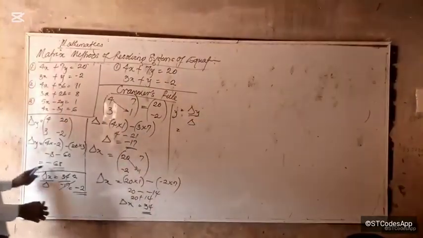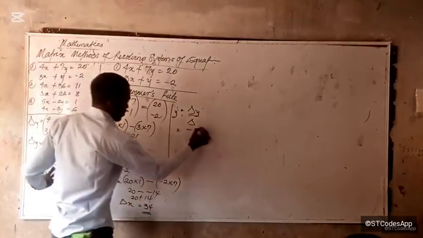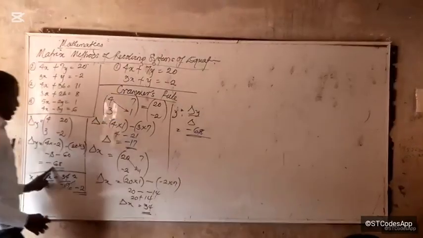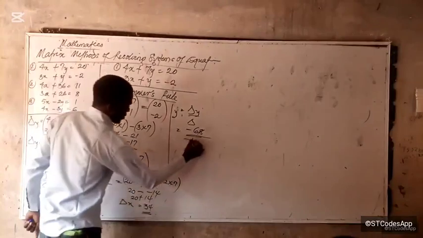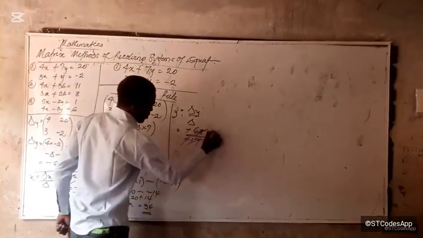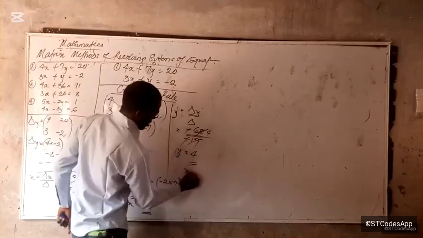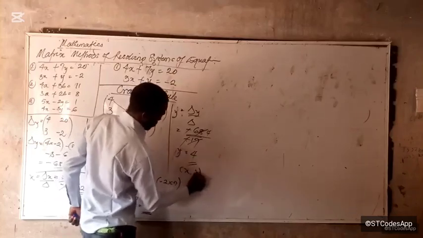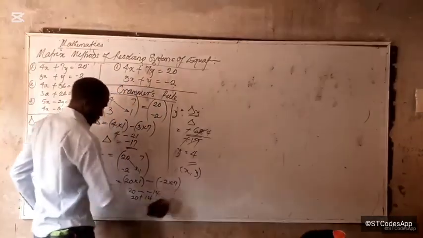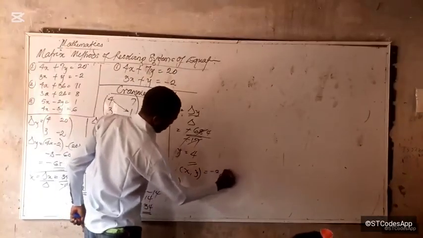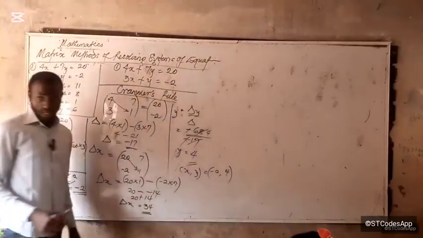What is delta y? Minus 68. So minus 68 over minus 17. Minus takes care of minus, and we have 4. So y is equal to 4, and x comma y is equal to minus 2 comma 4. Do we understand?